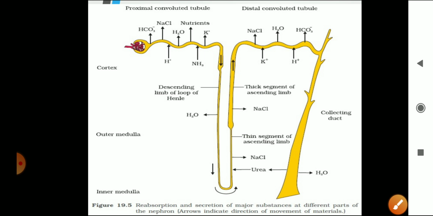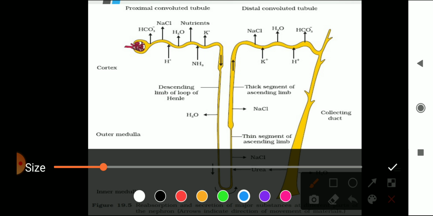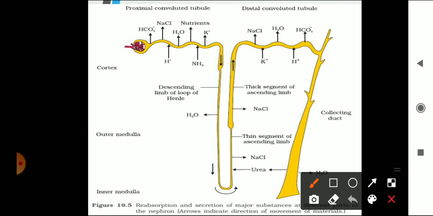In the PCT, you can see some arrow marks are outside and some arrow marks show that the substances are going inside, that is tubular reabsorption as well as tubular secretion. Here you can see bicarbonate ion, HCO3 minus, then NaCl, then water, nutrients, then K positive ions.